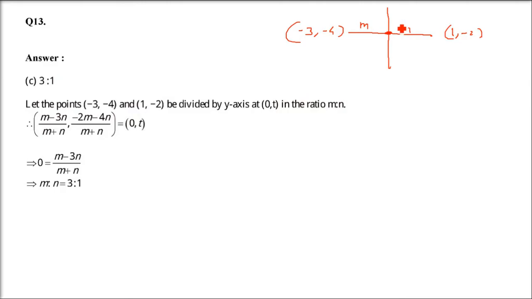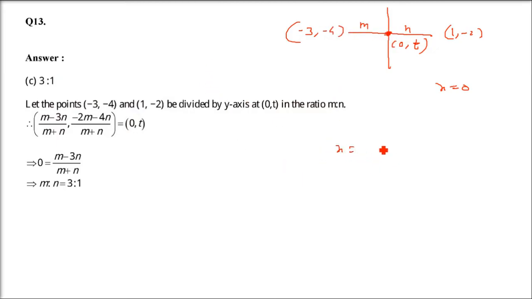We don't know the value of the intersection, but we know one thing, that it's on the y-axis, so x is going to be equal to 0. We don't know y, so just take it as t or any other variable you want. First we have to find this intersection point.